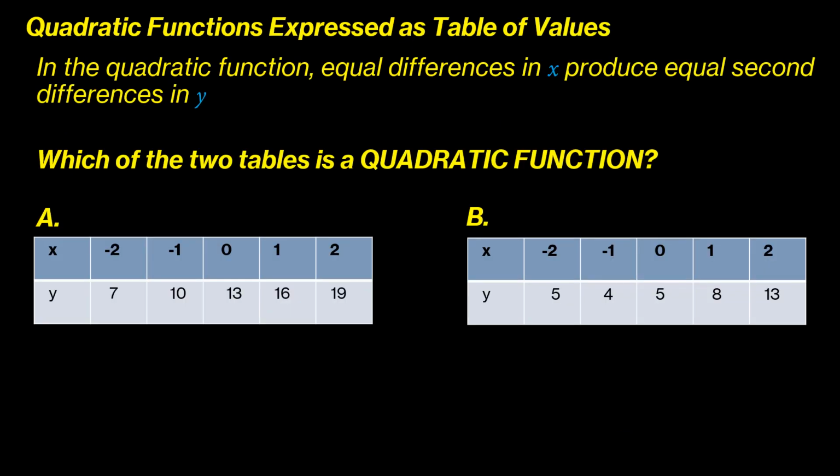Now, how can we determine if a table of values is a table of a quadratic function? Take note that in a quadratic function, equal differences in x produce equal second differences in y.